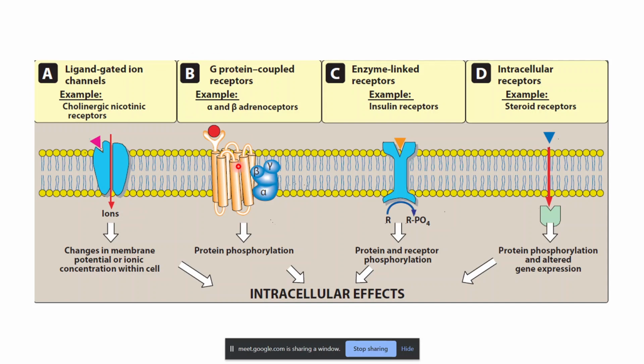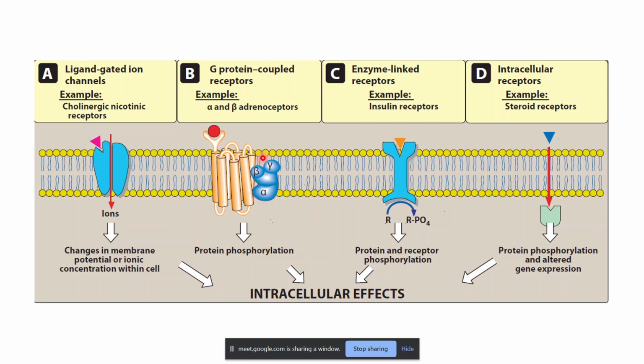So the second type of receptor is the transmembrane G-protein coupled receptor. The extracellular domain of this receptor contains the ligand binding area, and the intracellular domain has a G protein.